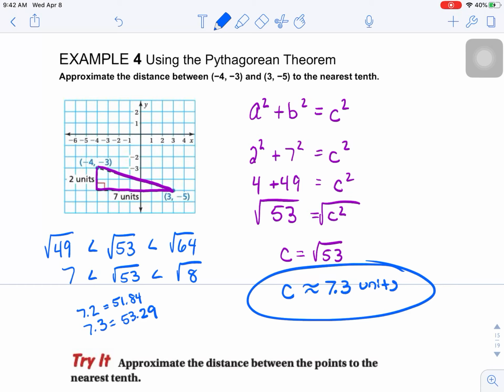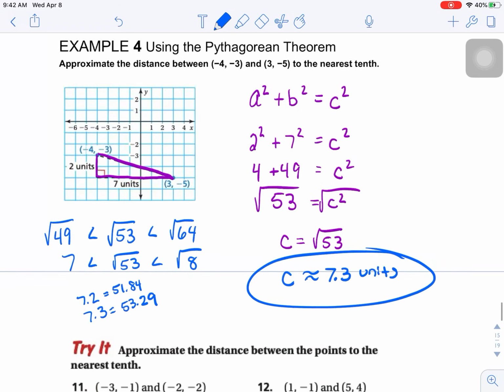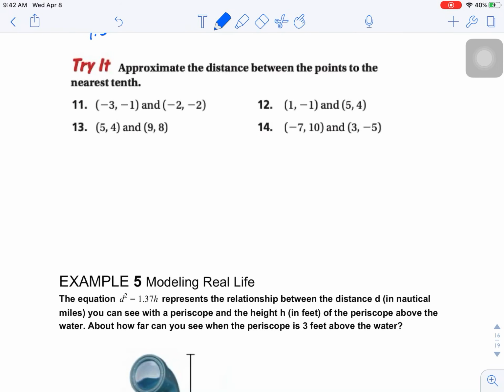Same idea for those next problems. Here, obviously, we don't have the coordinate plane drawn, but that's okay. We can still solve this. If I'm looking at question 11, the distance between -3 and -2 is 1.